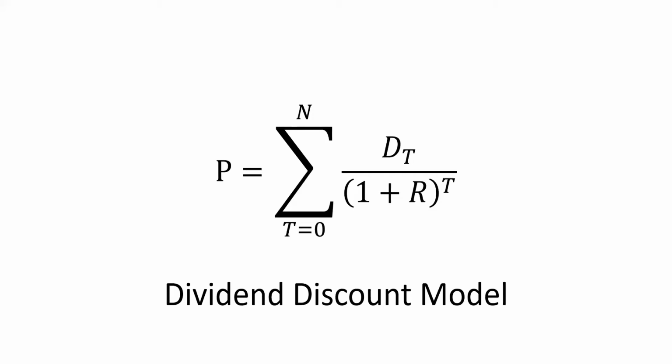So here we can see that the current price should be the sum of all the future dividends discounted by a discount factor, which depends on the risk of the market and of the single stock. And of course, it depends on the number of dividends that we are going to get. This is quite clear if the company is paying a dividend right now, but if it's not, it may seem a bit stretched.